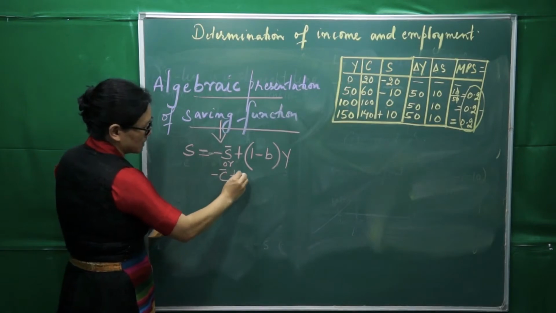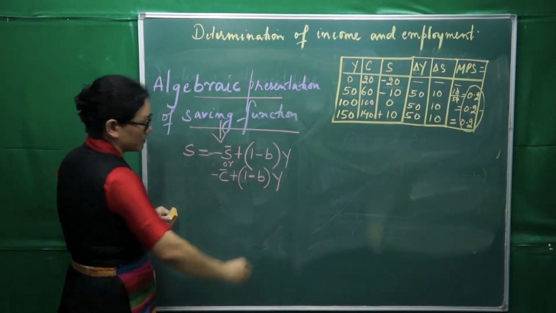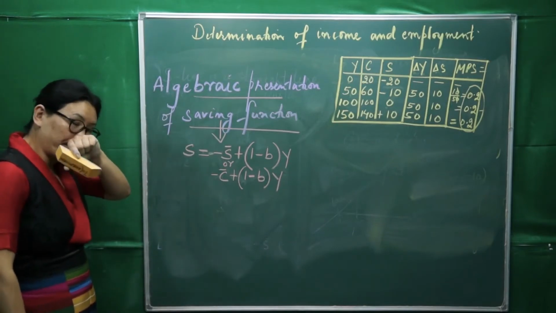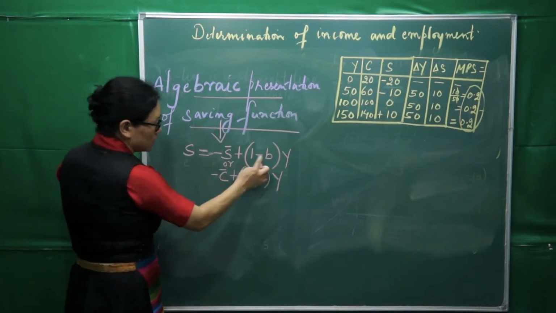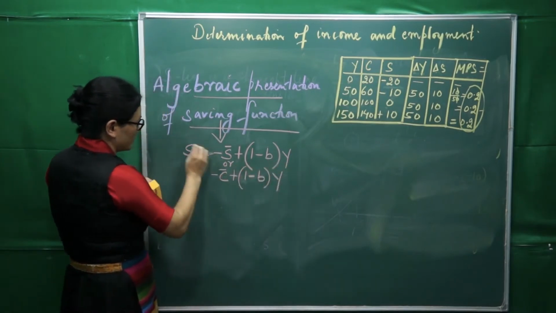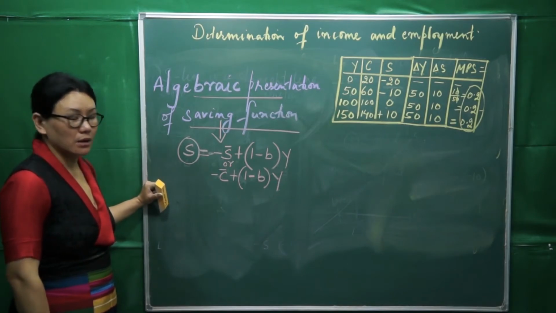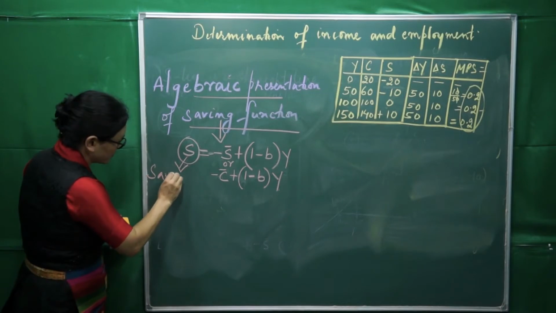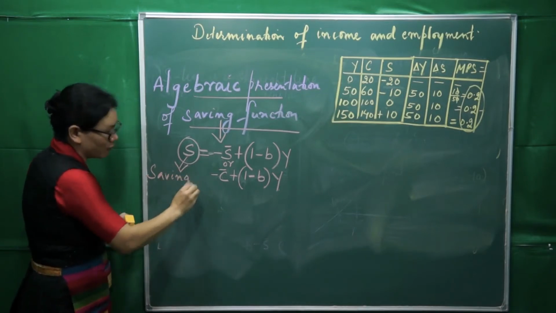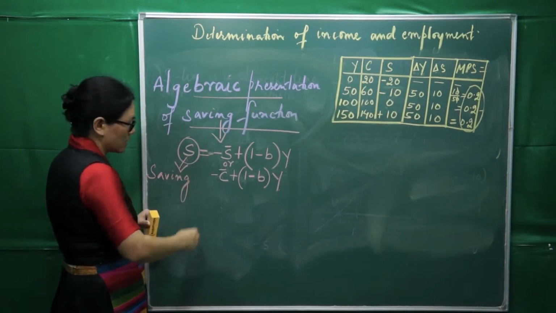Okay, plus 1 minus b. All right. Now we can say these are the components of saving. Okay. Now what is this? Very simple. This is saving. We need to go for the description of the components of saving.